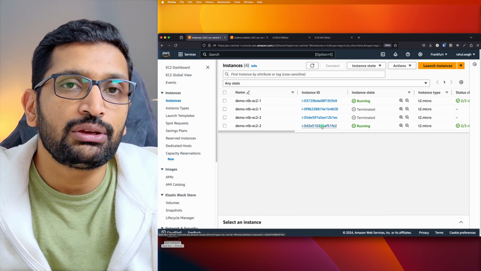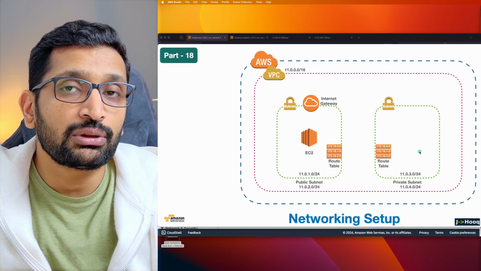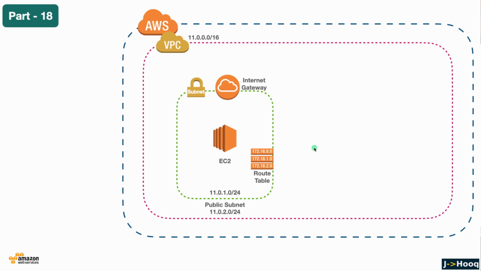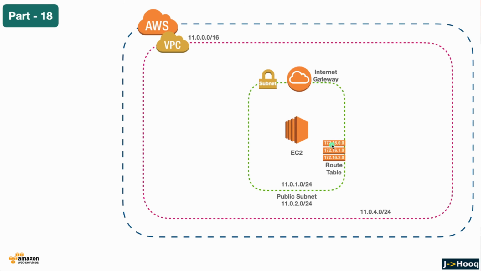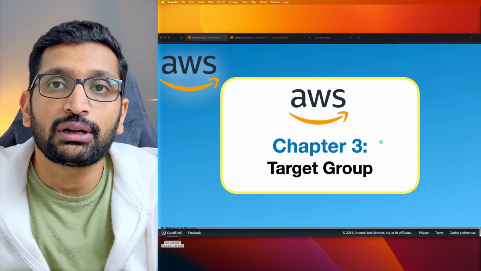The next thing which we need to do is set up our target groups. So let's take a look at the diagram once again. Here you can see the setup we have done so far, and now we will work on this EC2 instance subnet. I'll remove some of the elements from this diagram and shift this EC2 instance block to the right side so that we get more space. The next thing we need to set up is our target group.